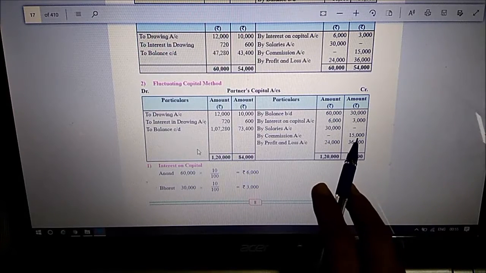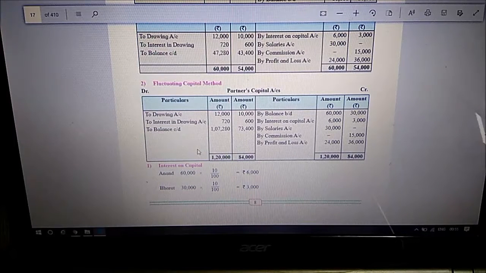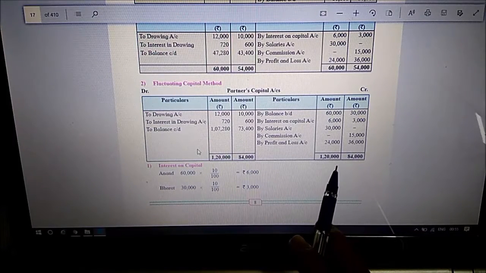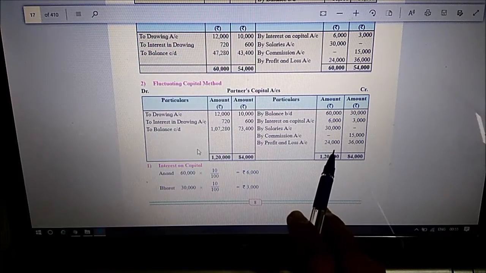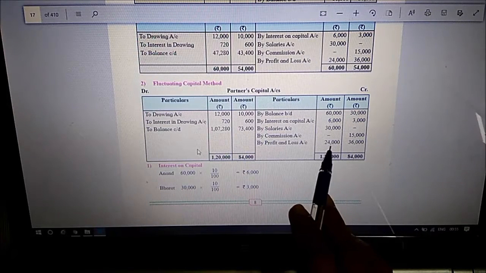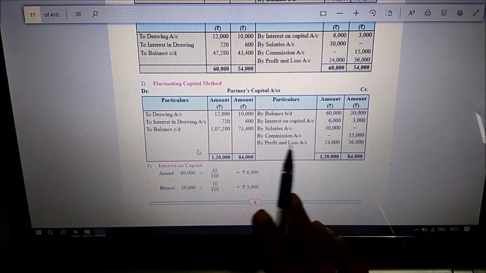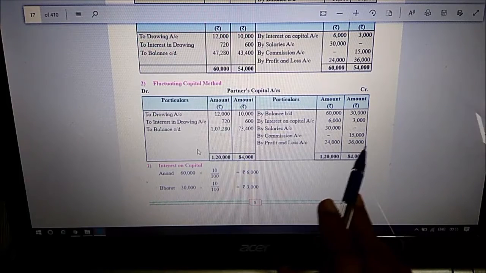In the profit and loss account, the profit for the firm was 60,000. We calculated it in the 2:3 ratio. 60,000 into 2 divided by 5, so Anand got 24,000, and for Bharat it was 60,000 into 3 divided by 5, so he got 36,000 as profit.